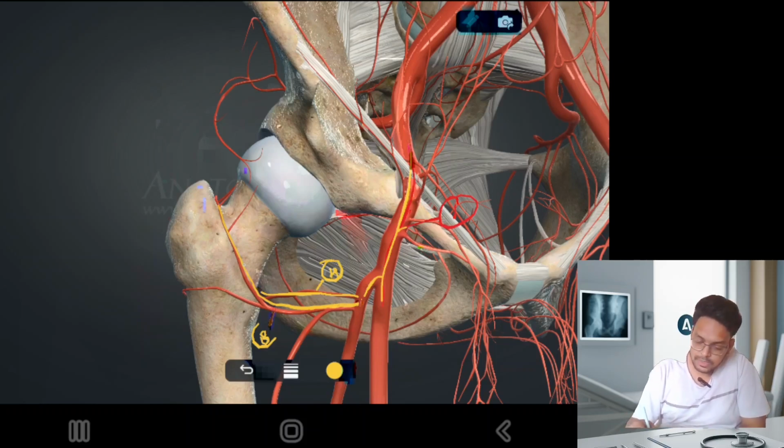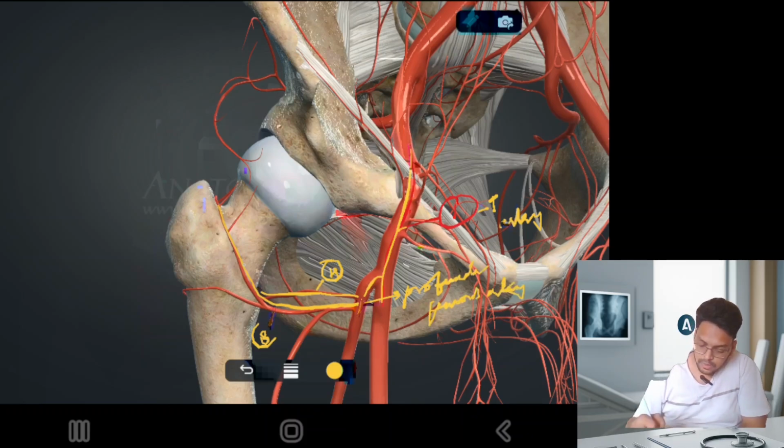Number 1, this large artery, is our femoral artery. From the femoral artery we get a branch that is called the profunda femoris artery.